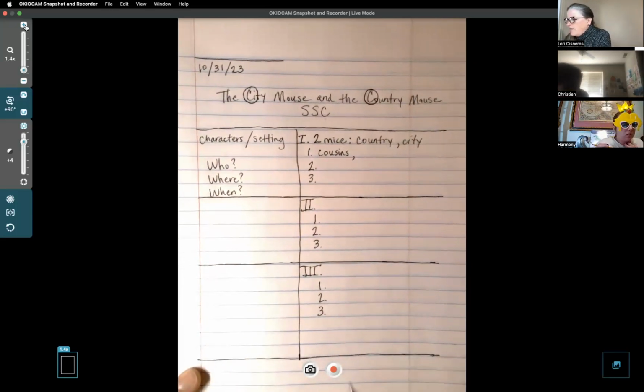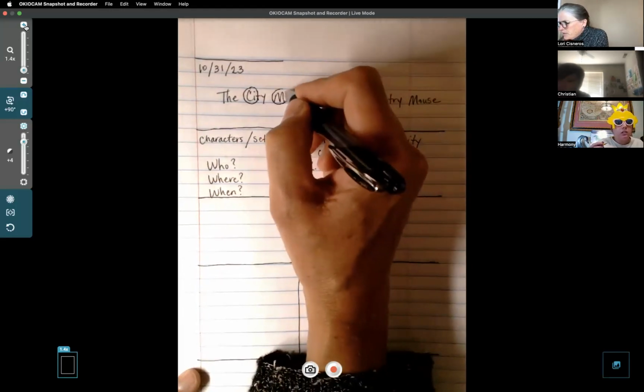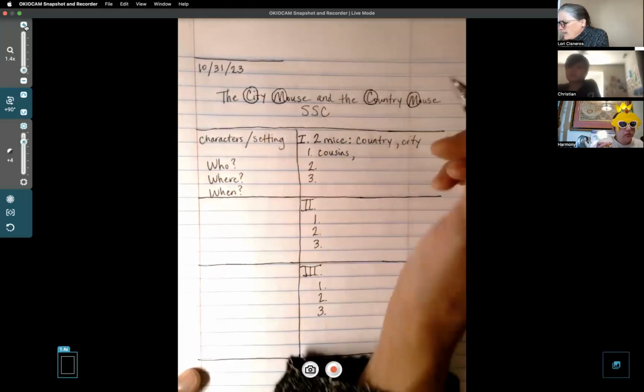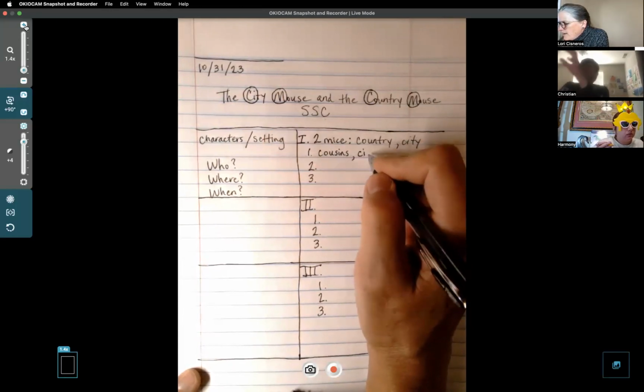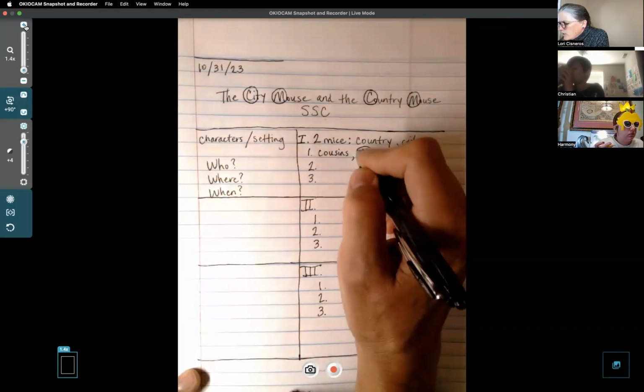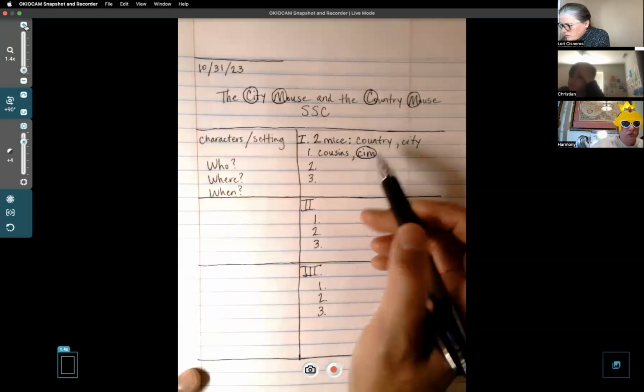So we can say, and then maybe even the M too. So we can say the city mouse, CIM, I'm going to circle it. That represents city mouse.